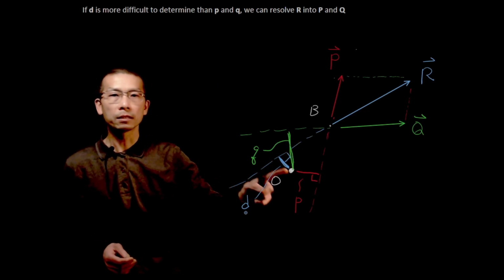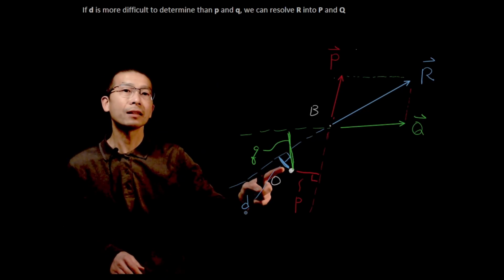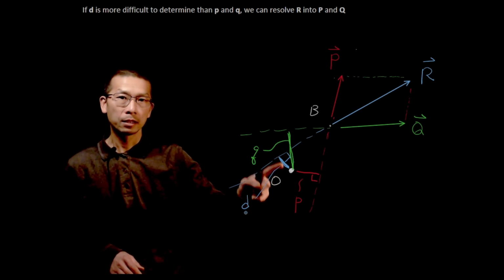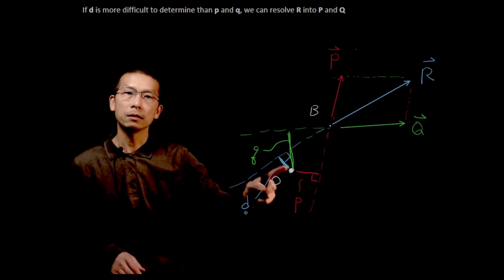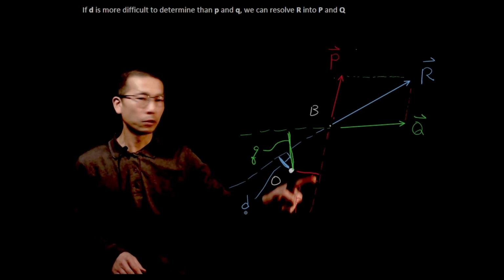D is the perpendicular distance between the point and the line of action, R. P, right here, that's the perpendicular distance from O to this line.